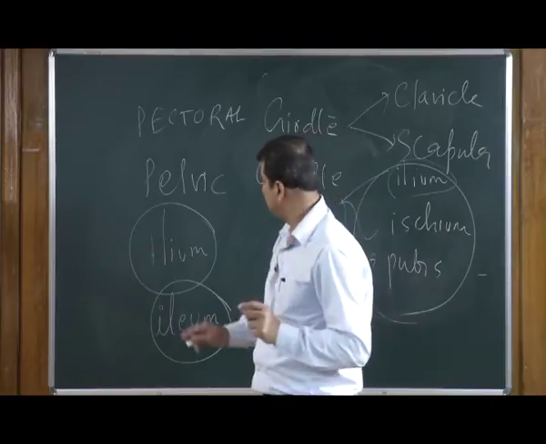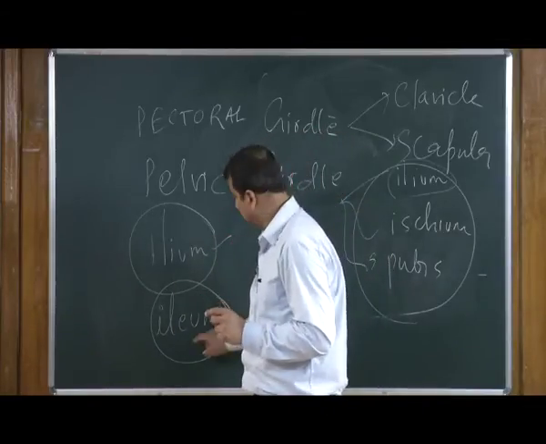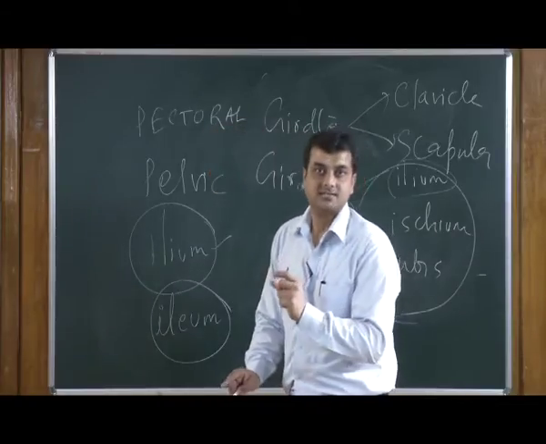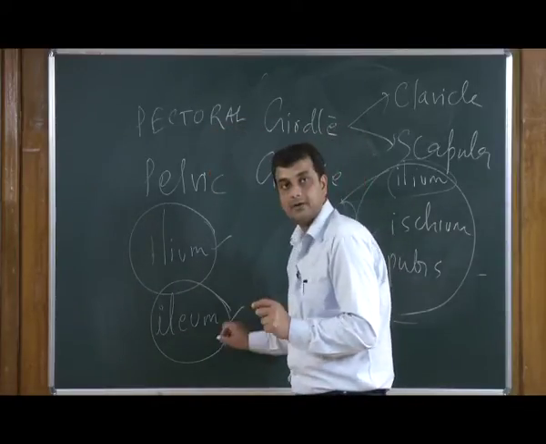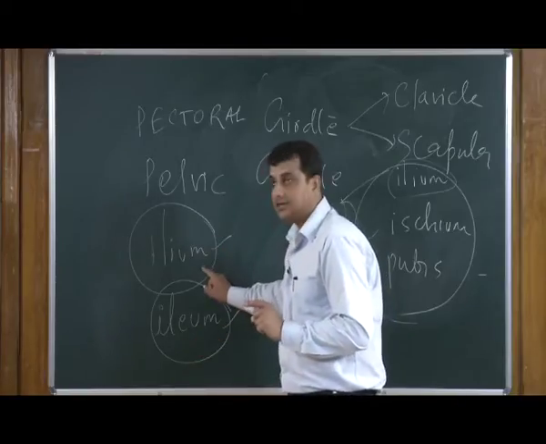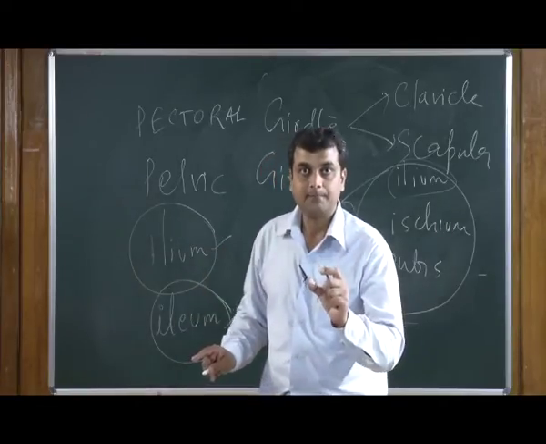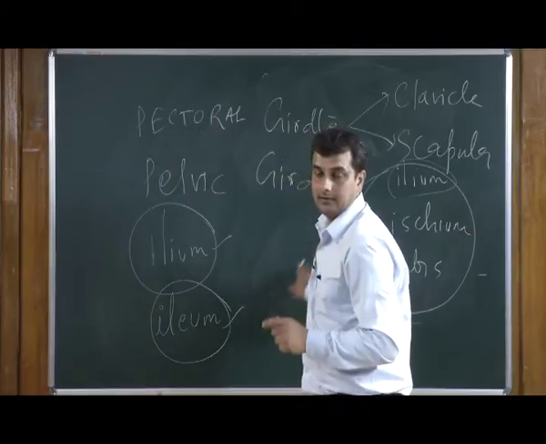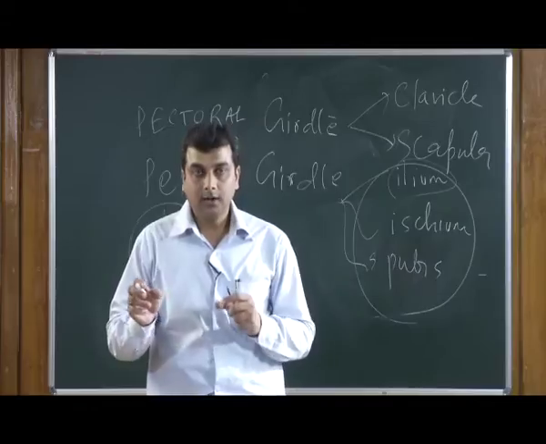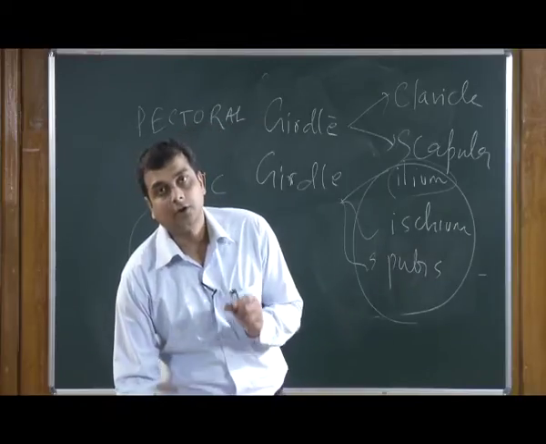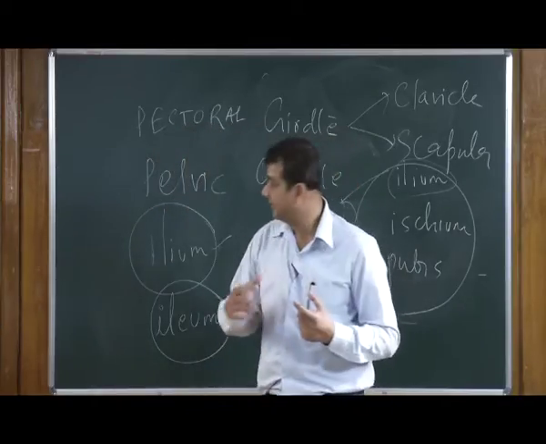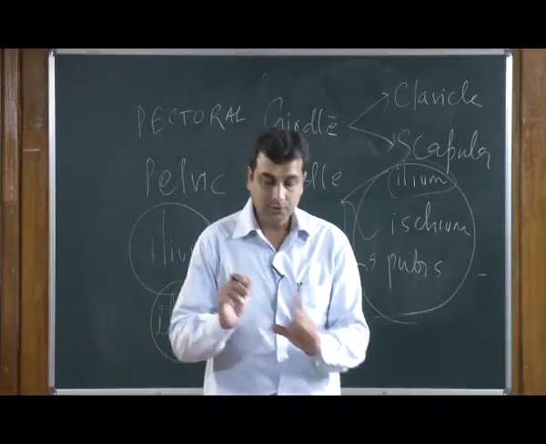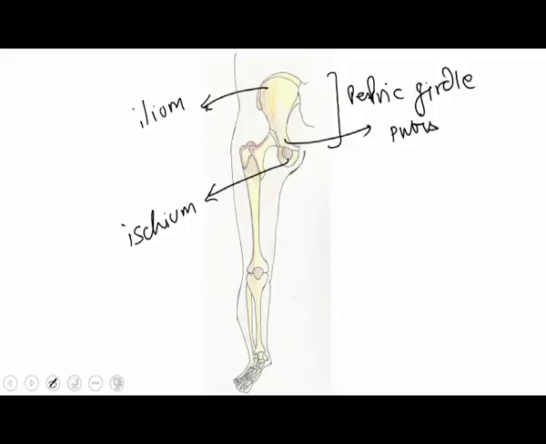So this is ilium, this is also ileum, but here it is spelled ILEUM. This is a part of the small intestine, while this spelling, ilium, is the part of pelvic girdle. So just keep these two names in your mind and do not confuse them, because they are very similar and the pronunciation is also similar, so one has to take care of these two forms. So let's go back to the slide again.